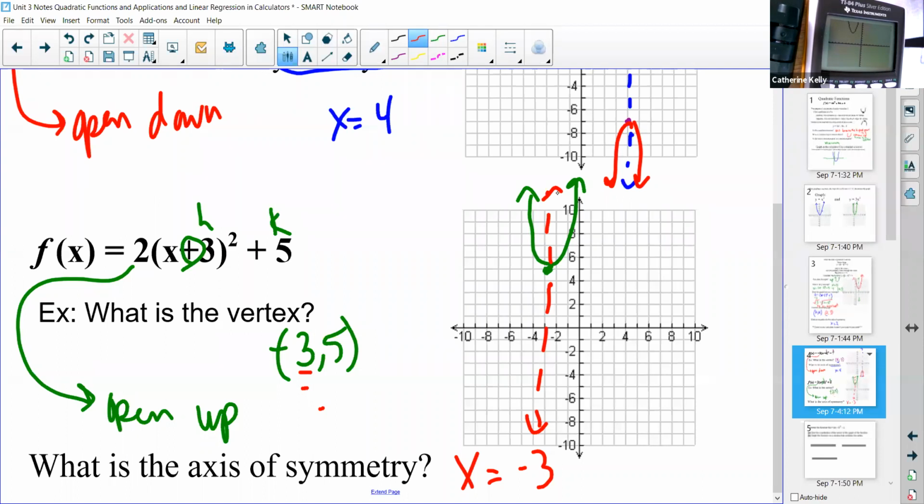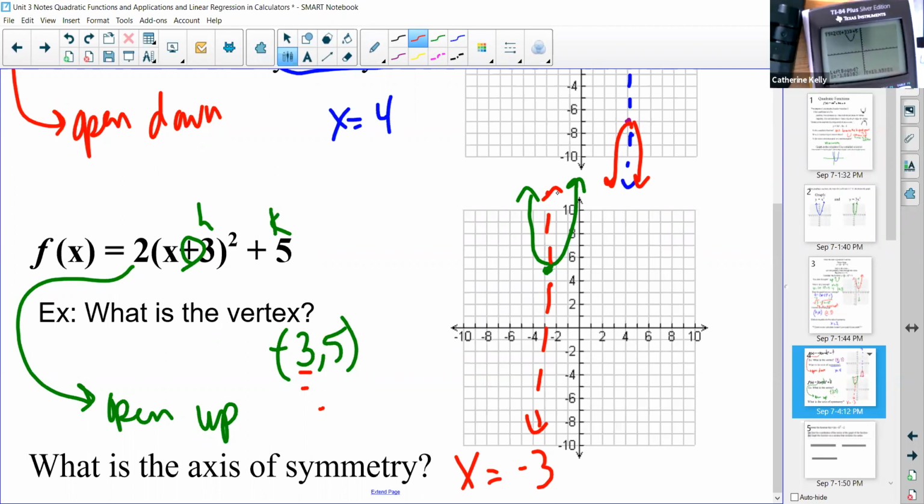And if I want to find the minimum value, or the vertex, that's my minimum. I'm going to go to calculate the minimum. And my left bound has to be before, because I already know what it is. It's negative 3, 5. So the left bound has to be before negative 3. So I'm going to go to negative something else. Right now it's at x is 0.